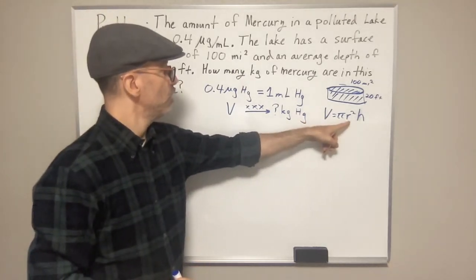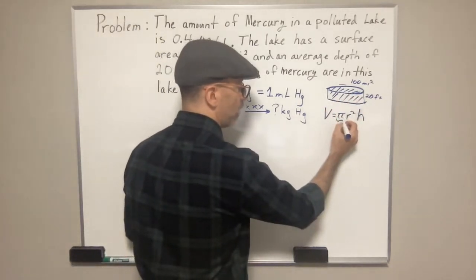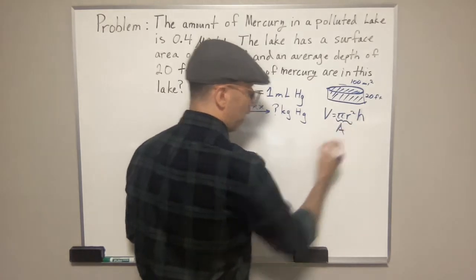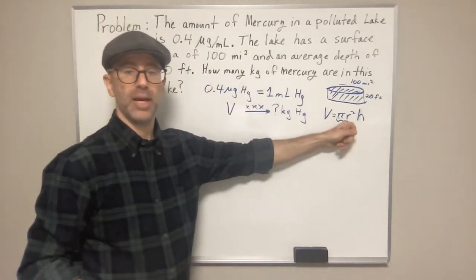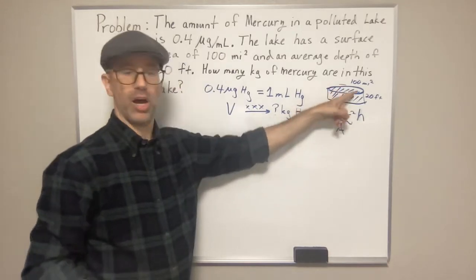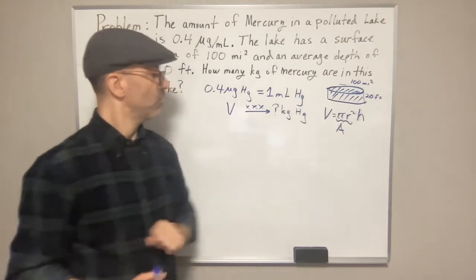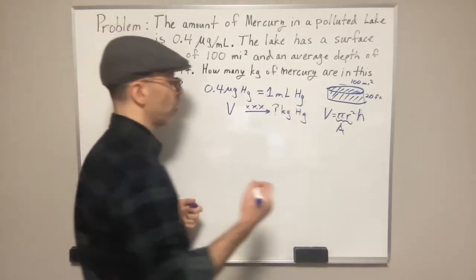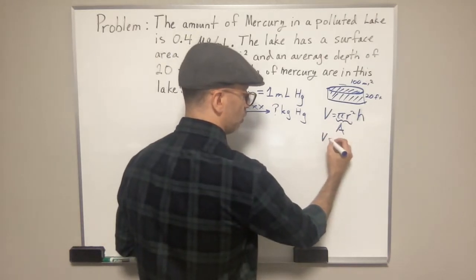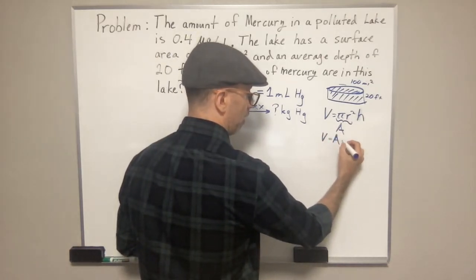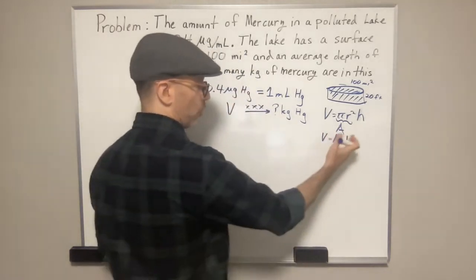We don't need the radius because they gave us the area, the surface area, already. So the volume of your cylinder is going to be equal to the area times whatever else you're given, height or length or depth.